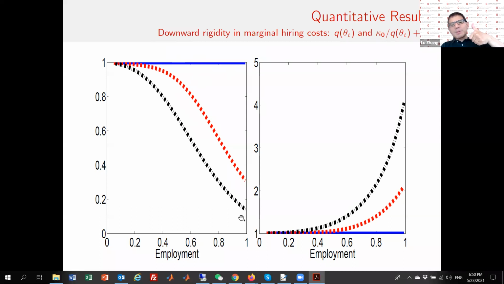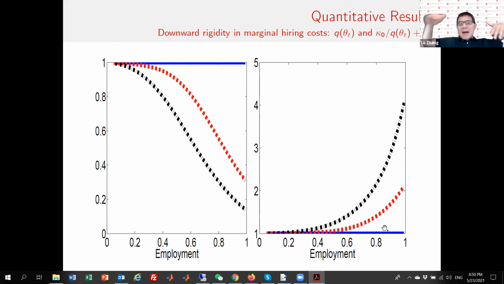In a good time, Q is going to decline, not all the way to 0, but it gets quite a bit smaller. Correspondingly, if you look at the marginal hiring costs, you see that in bad times, you are facing a floor, kappa 0 plus kappa 1. In our calibration, they are both 0.5, so the downward floor is 1.